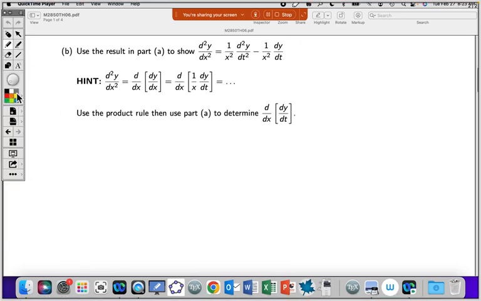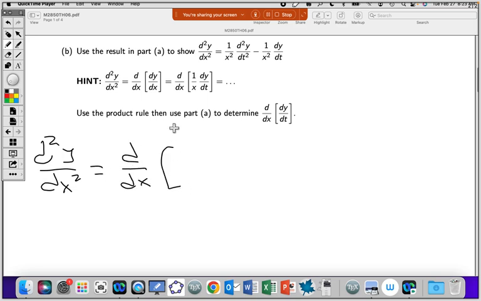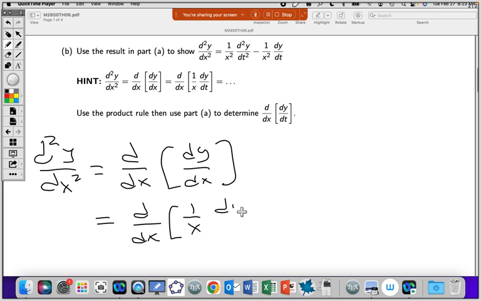All right. So if you want to take the second derivative of y with respect to x, that's the derivative with respect to x of dy dx. So this dy dx we know is 1 over x dy dt. So now at this point, I'm going to have to use what rule?